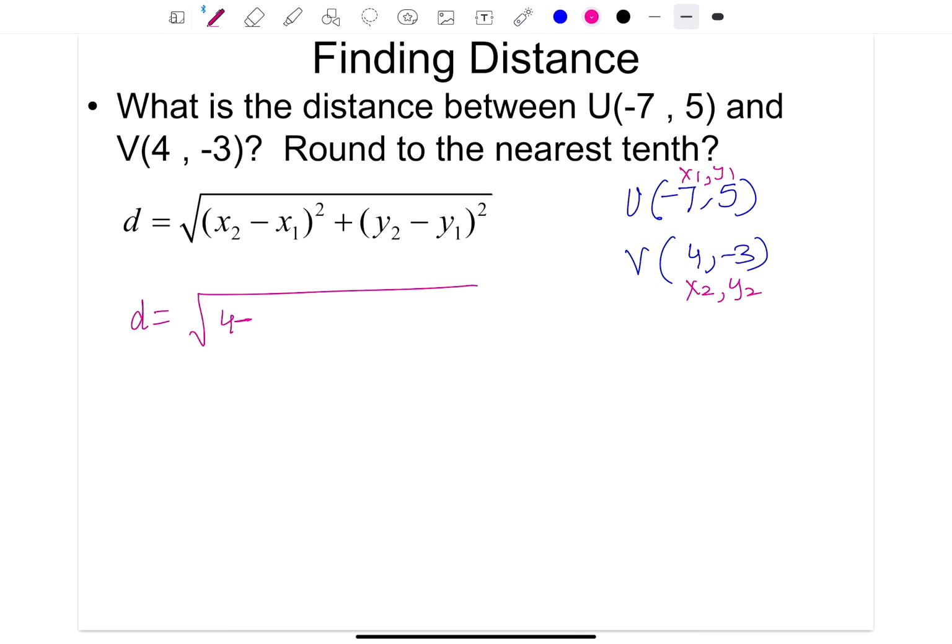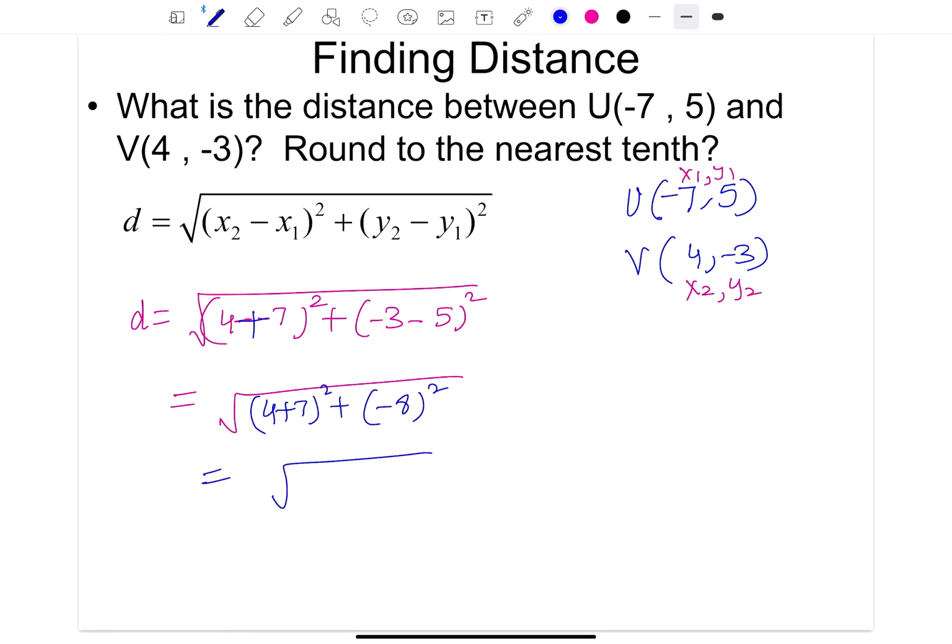All right, so x2 minus x1 squared plus y2 minus y1 squared, square root of it. Two negatives will become a positive. 4 plus 7 squared plus -8 squared. 11 squared plus -8 squared will actually become +8 squared.